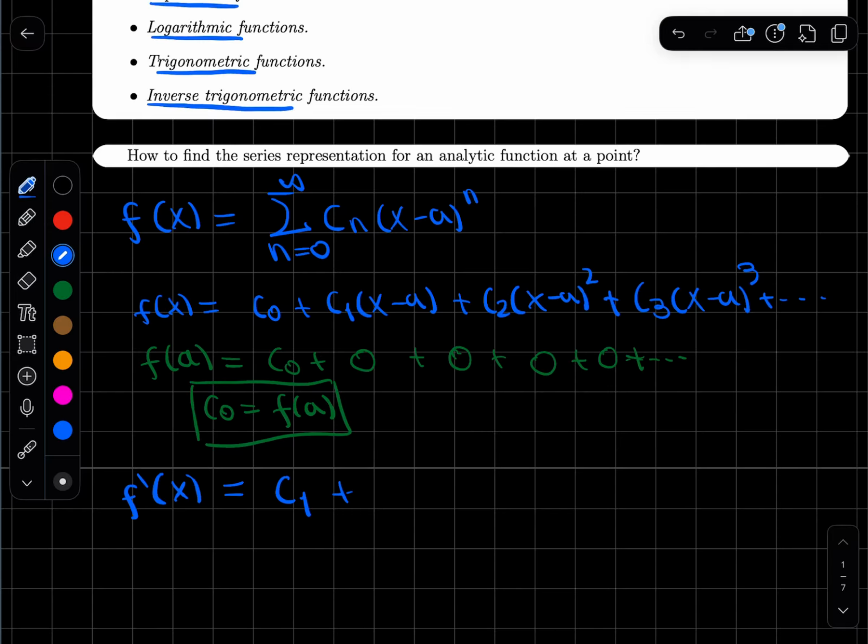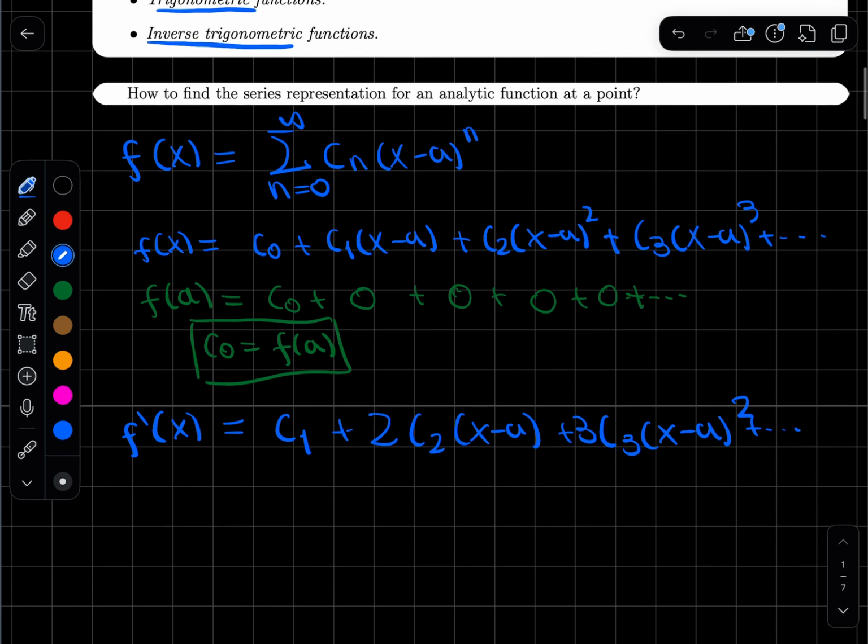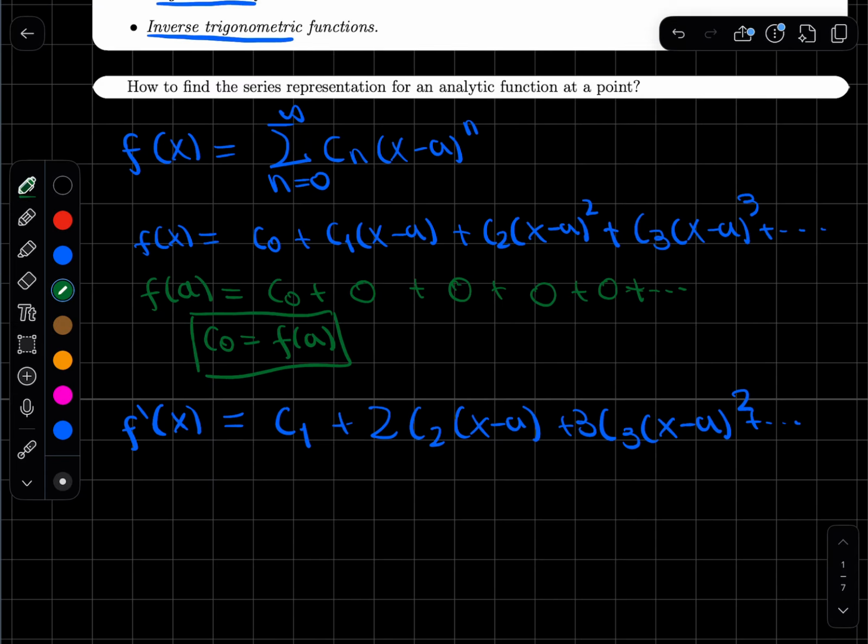And the derivative of this will be 2c2 x minus a. And the derivative of this will be 3c3 x minus a to the power 2. And then I can plug in 0 again, or plug in a in this case. f prime of a will be c1 plus, and now this is going to be 0, and 0, and 0. So that means f prime of a is c1. Great. Awesome.